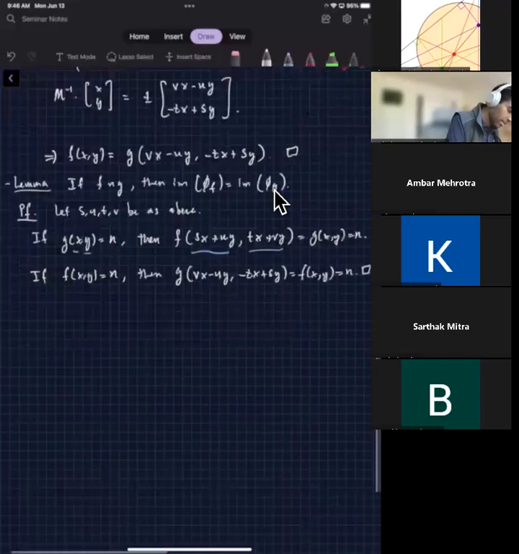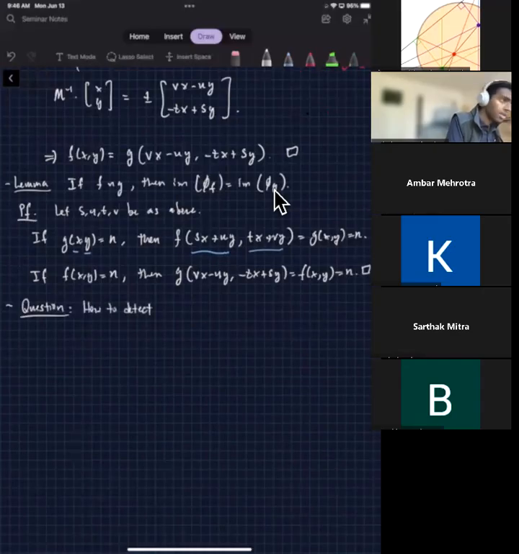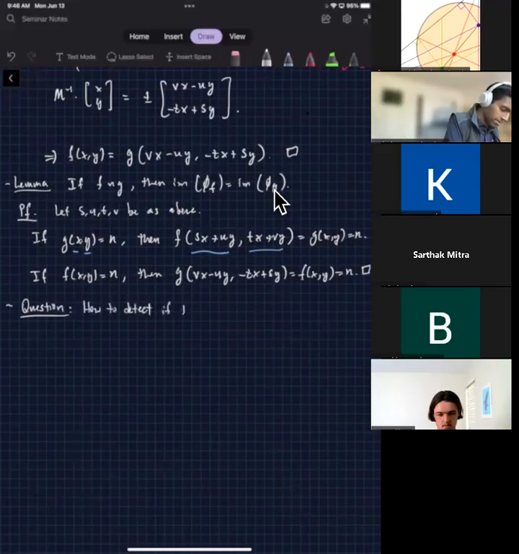That means equivalence is an interesting notion with respect to the questions that I posed earlier. So now what we want to understand is the following question: how could we detect if two BQFs, F and G, are equivalent?